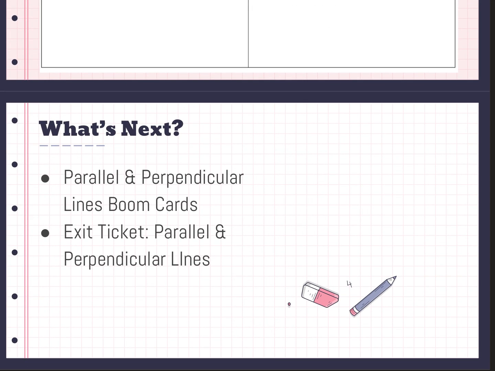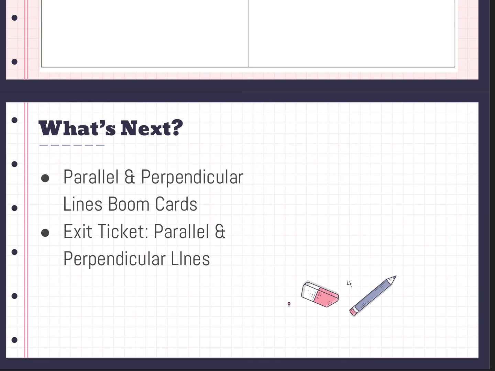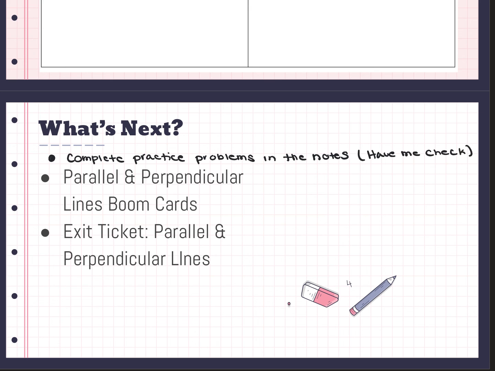All right, so what's next? The first thing I want you to do, and I'm going to bubble this in, is go back and complete the practice problems in the notes. Then once you have me check, you can go ahead and complete the exit ticket.